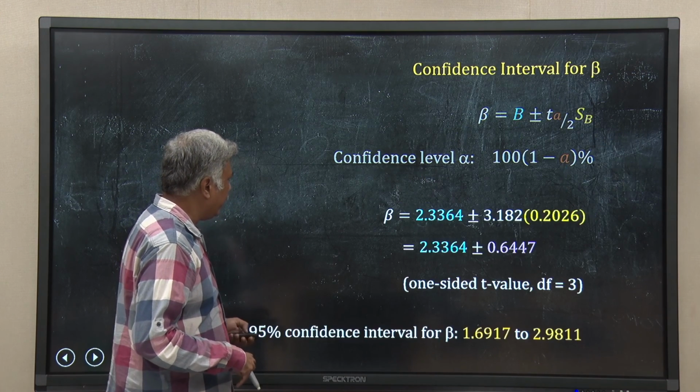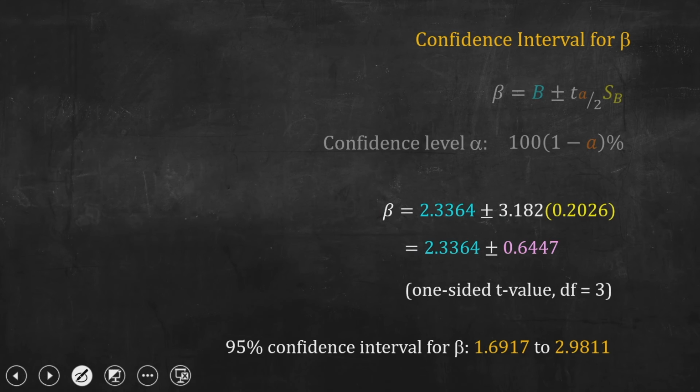For the data set that we are analyzing, I have calculated that b is 2.3364, the standard error is 0.2026, and from the t distribution I have got the value of t A by 2, where A is 0.05, as 3.182.